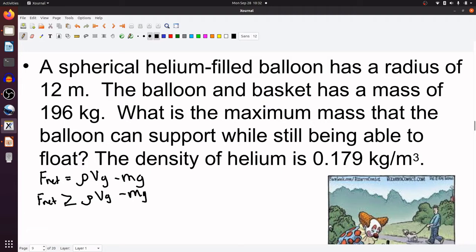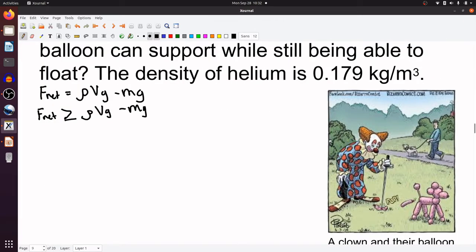All right, so let's figure out what we need to do with this. We'll just call it equals, but we know it really needs to be greater than, okay? So we're just going to define that there. All right, so we have rho Vg. This is for the air it's displacing. And then we have minus m.